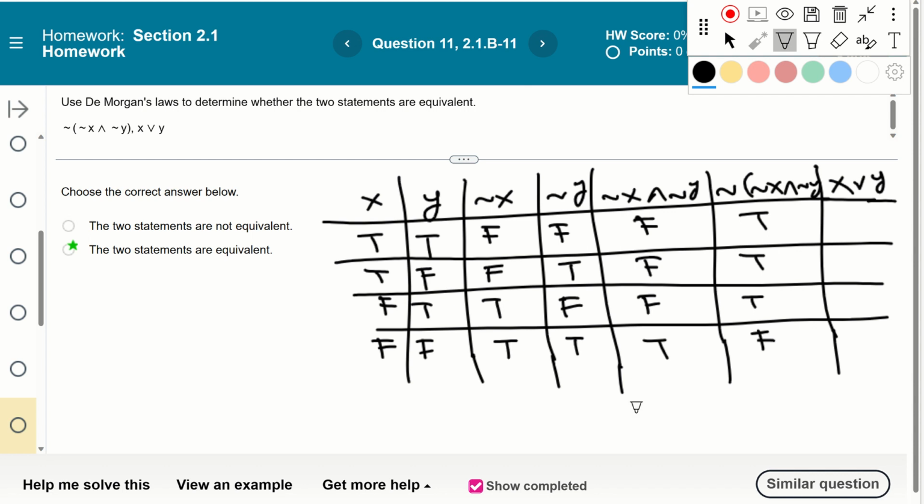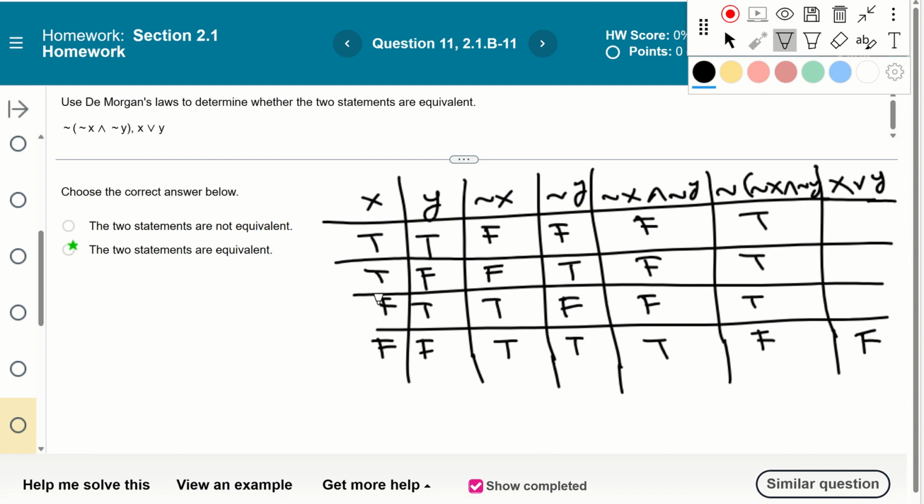Now we want to look at x or y, right? So we go back here. Remember, a disjunction is only false if they're both false. So the only place this disjunction here is going to be false is right here. So down here, we're going to get false. In all other cases, it's going to be what?